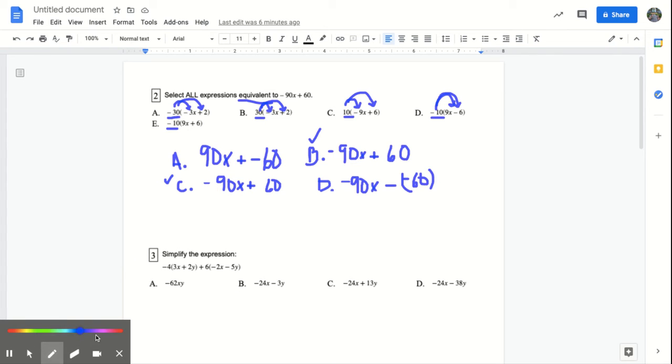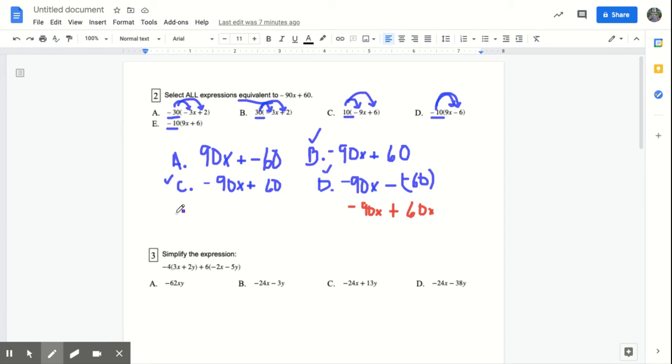But if you remember that you can change all of your subtraction problems to addition problems. So we're going to change it to adding, and then change the sign of the next number to positive. So you could see that this answer right here is actually one of those options from above.